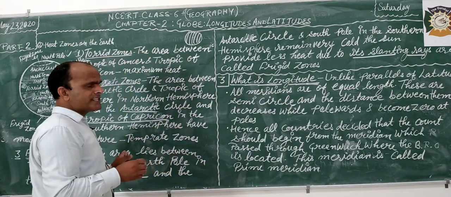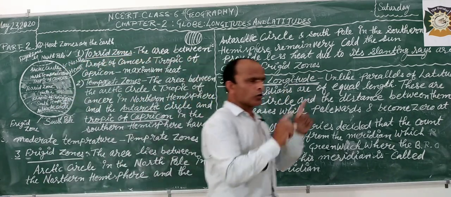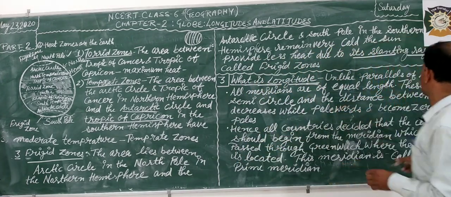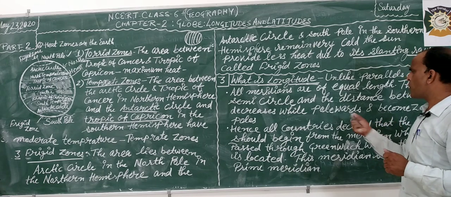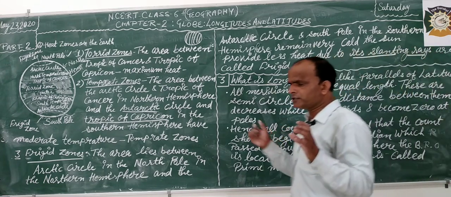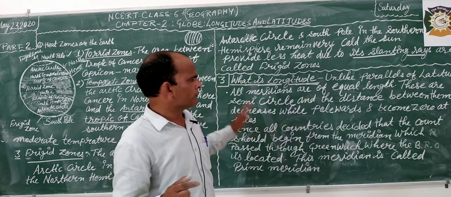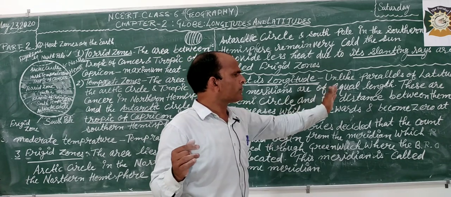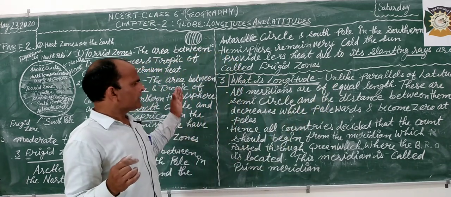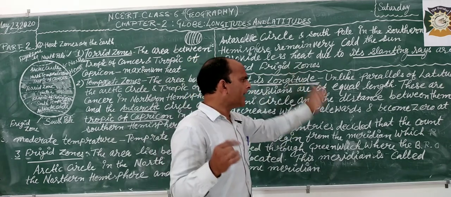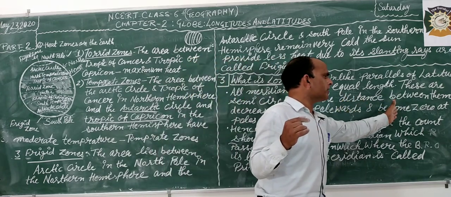These are semicircles, not full circles. The distance between them decreases towards the poles and becomes zero at the poles.